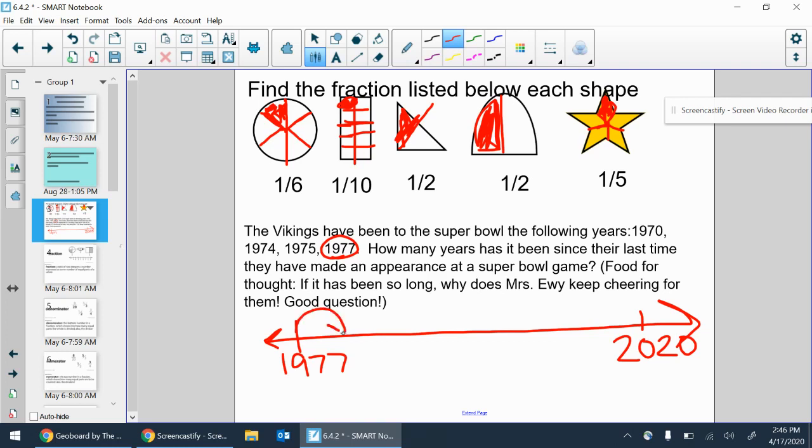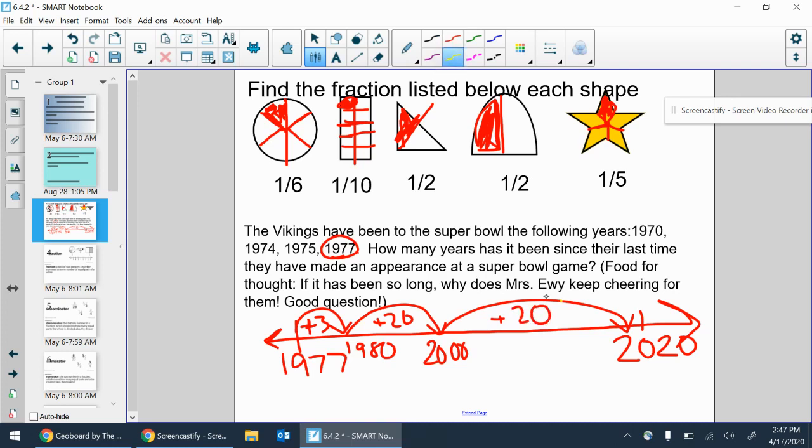So I'm first going to make a tiny jump to a friendly number of 1980. So I added 3 here. That's my add. Okay. Now to go from 1980 to 2000, that's 20 years. Okay. And now to go from 2000 to 2020, that's another 20 years.